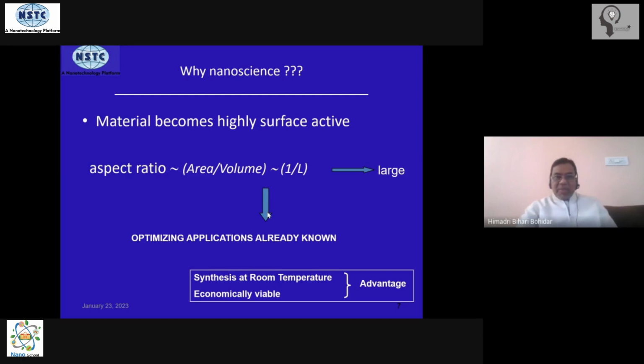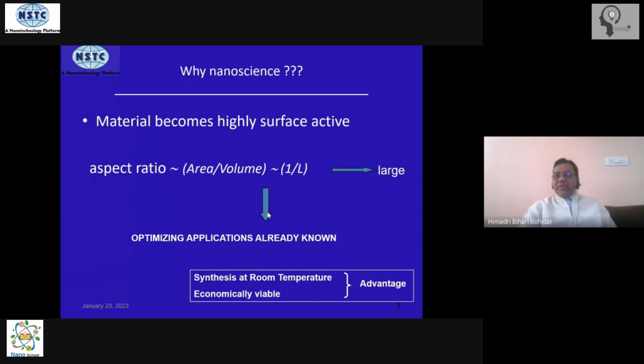Once you have made the nanomaterial, we put it to different applications. The applications that we are subjecting these nanomaterials to are applications that are already available, that we already do in our everyday life. It's nothing new there. The only thing is we are doing those applications on a nanotechnology platform.